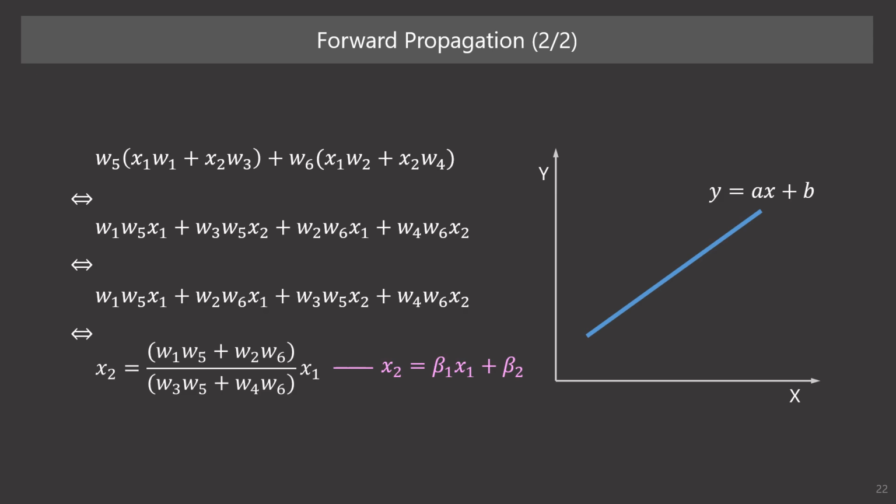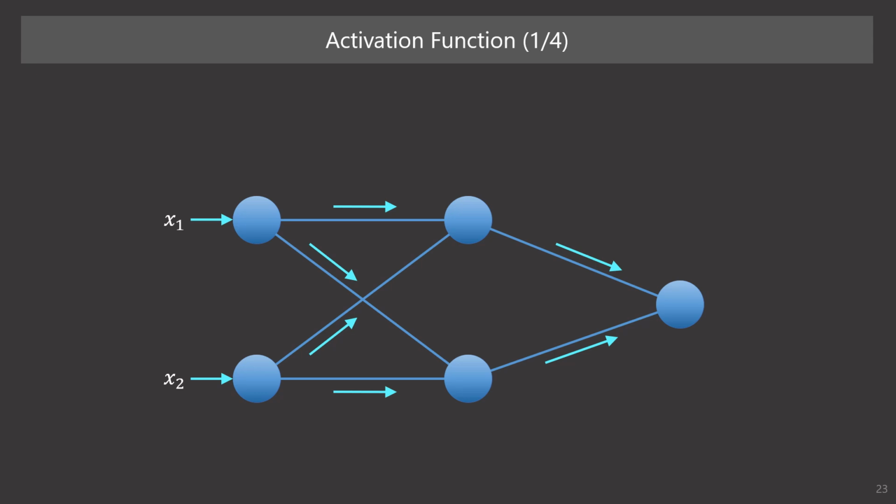But it can be transformed into a formula that expresses the linear relationship between x1 and x2. So, the neural network expresses x1 and x2 as a simple straight line. These kinds of simple formulas can predict only simple relationships between the features and the output.